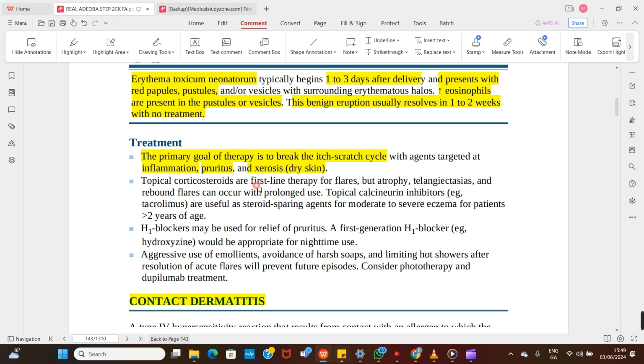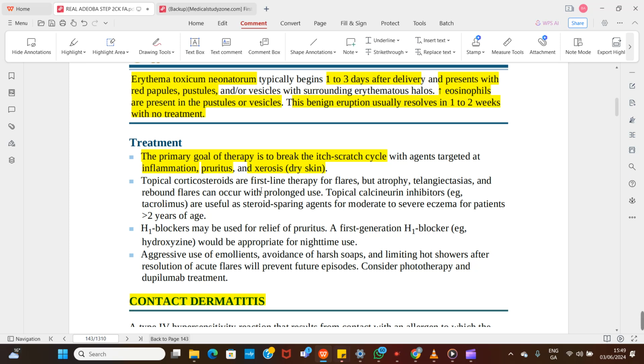And the more the individual itches that area, the more the denudation of the skin barrier, and the more you have the chance of complications, because the virus and the bacteria will gain entry and cause secondary infection. So you want to provide some symptomatic relief to reduce the itchiness, right?